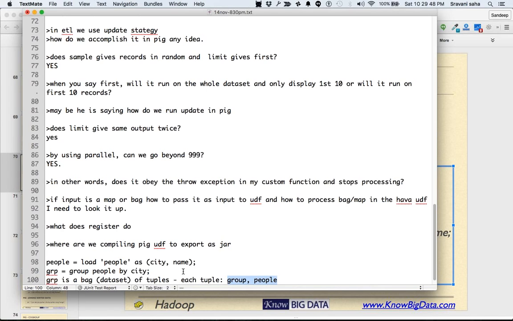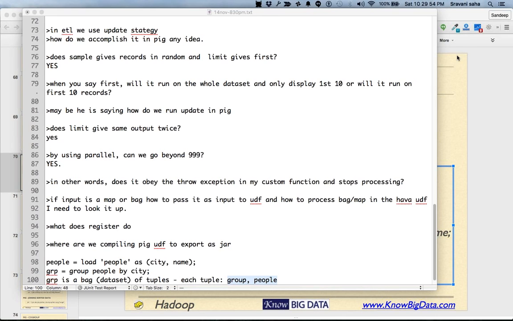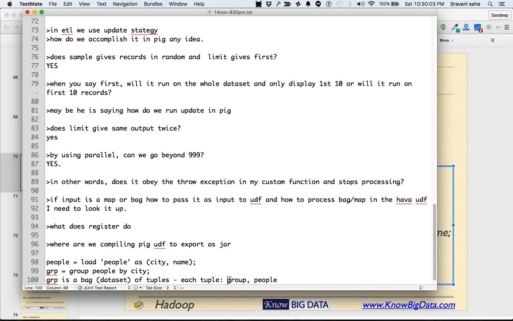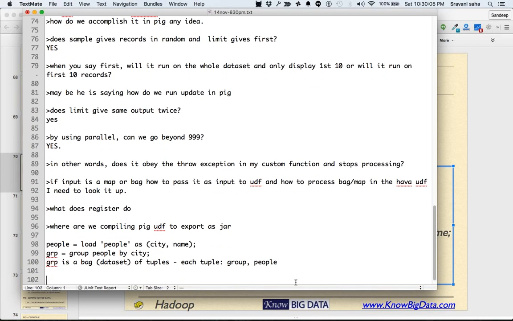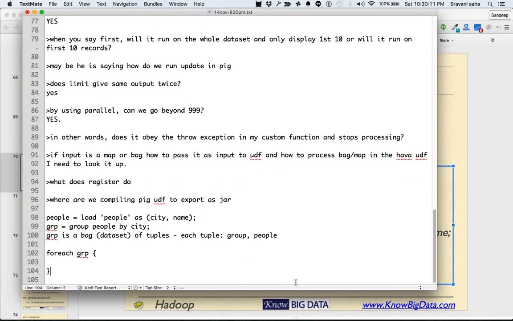Right? You remember our group by definition? So each tuple is these two columns. Now when you say foreach group and put curly brackets inside this, all the fields of grp are made available as if they are two different data sets.